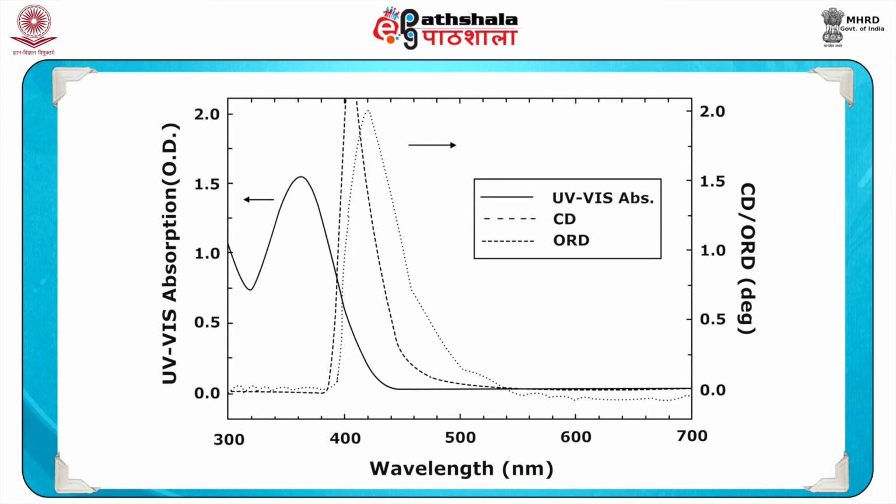Modern automated instruments simultaneously vary the wavelength and plot the alpha lambda versus lambda, which also illustrates the related absorption and CD spectrum of an asymmetric molecule. You can easily observe the absorption, ORD and CD spectrum of a given asymmetric molecule.